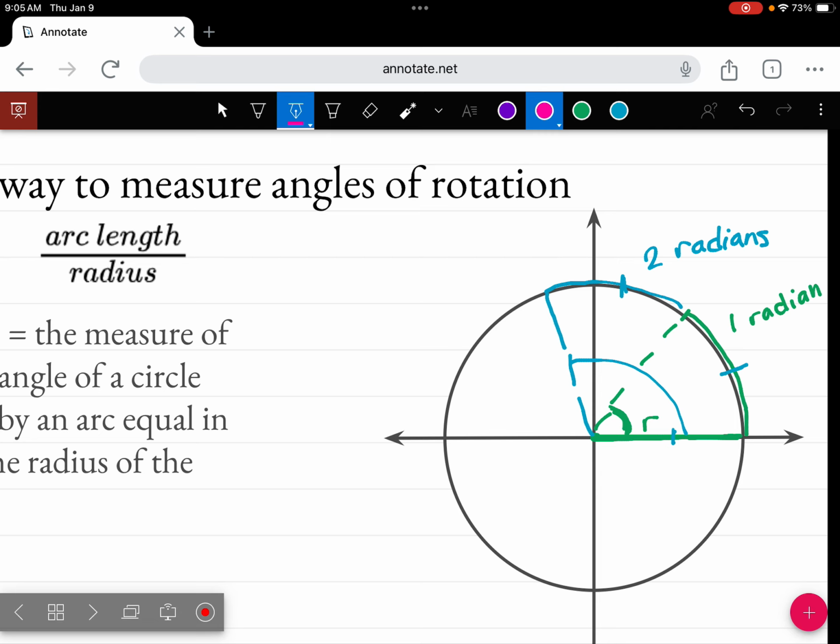And if I do that one more time, we get over to about here. Again, this segment is that same length as all those radiuses. We'll go with it. And so this angle has a measurement of 3 radians.